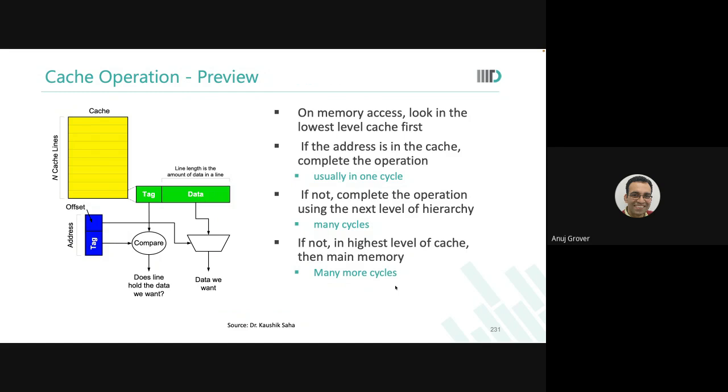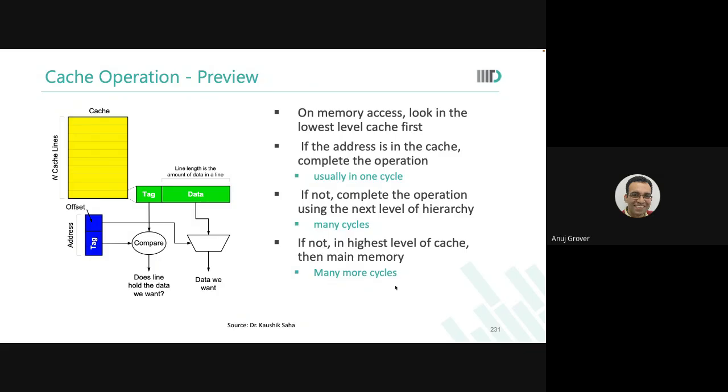What is happening inside the memory? How do you read? Firstly, the processor will send the memory address. It will contain the tag bits, index bits, and the byte offset.